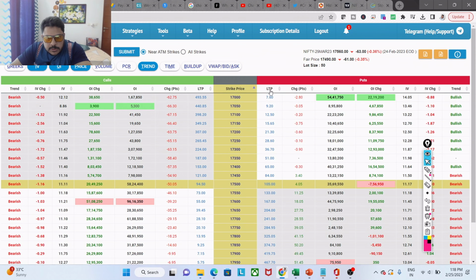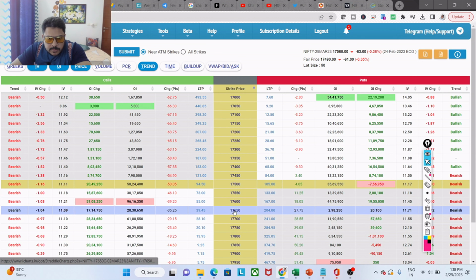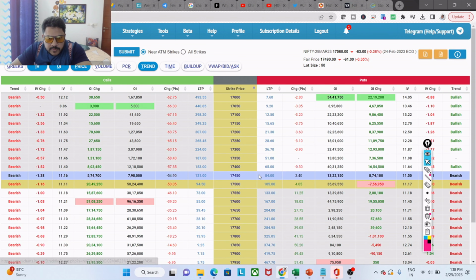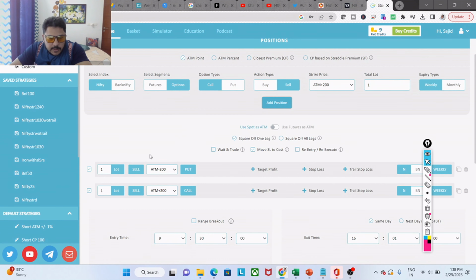So this is calls, this is put. So we say at the money call plus 200, meaning 17,500 plus 200, 17,700, and the put will be minus 200. So that's where we made the mistake. So this is put minus 200, or 200 plus.